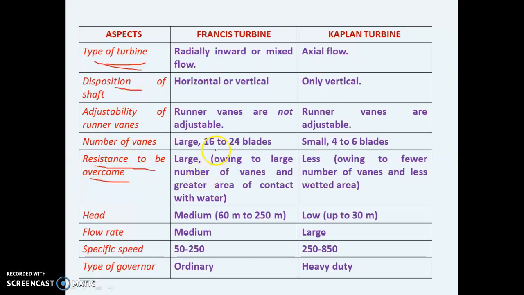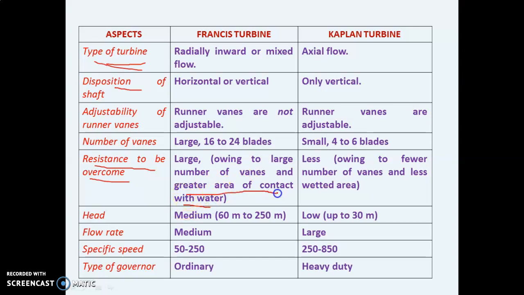Now as the Francis turbine has a large number of blades, that is 16 to 24, there is a larger resistance to the flow of water. This is because, as there are a large number of blades, there is a greater area of contact of the blades with water.